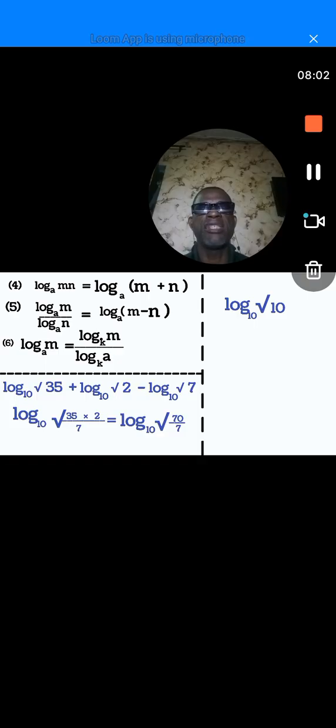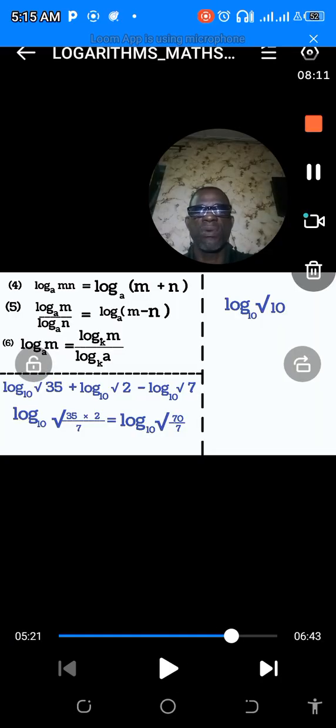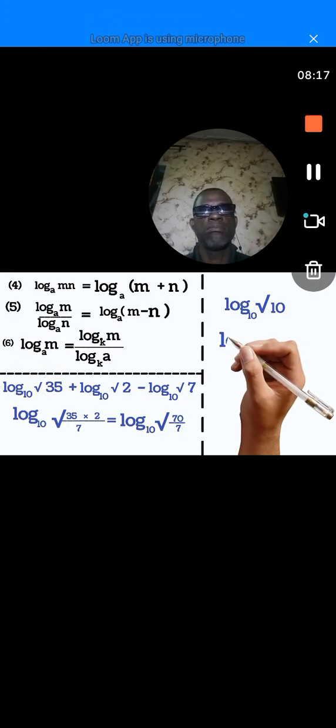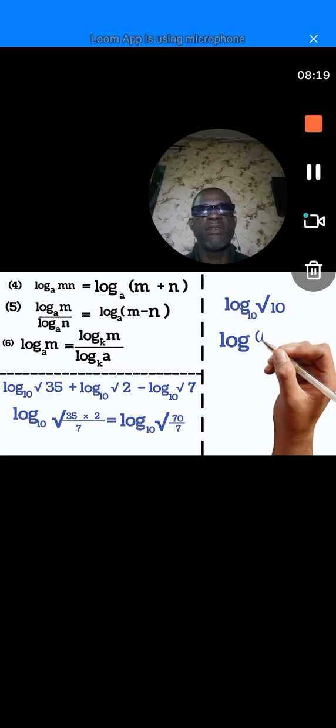So this is as good as log 10 raised to power 1 over 2, base 10.